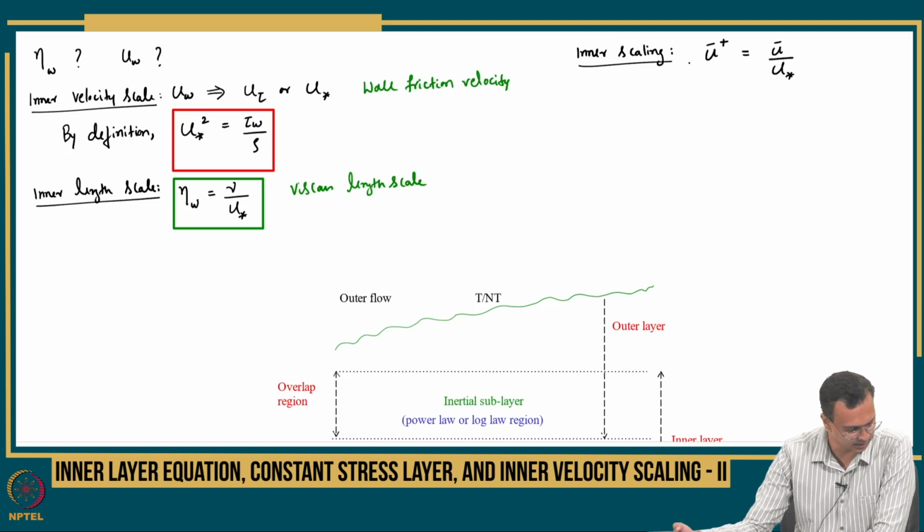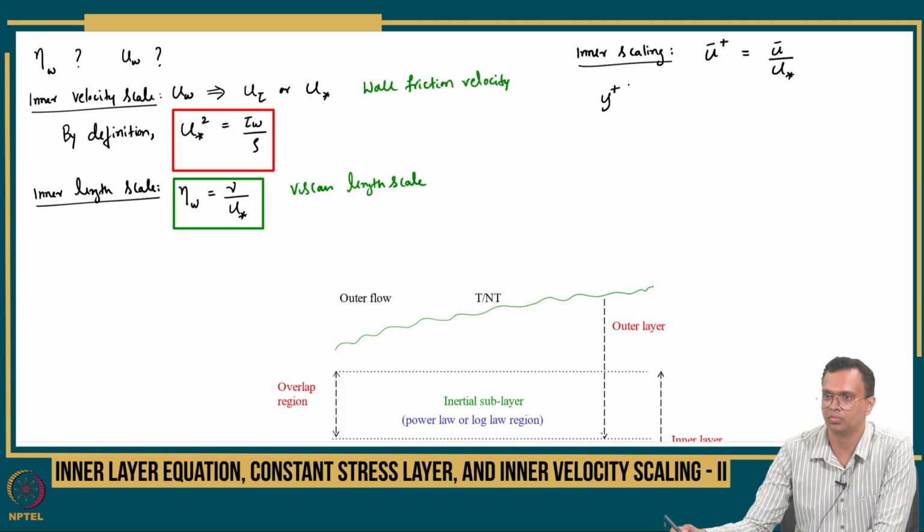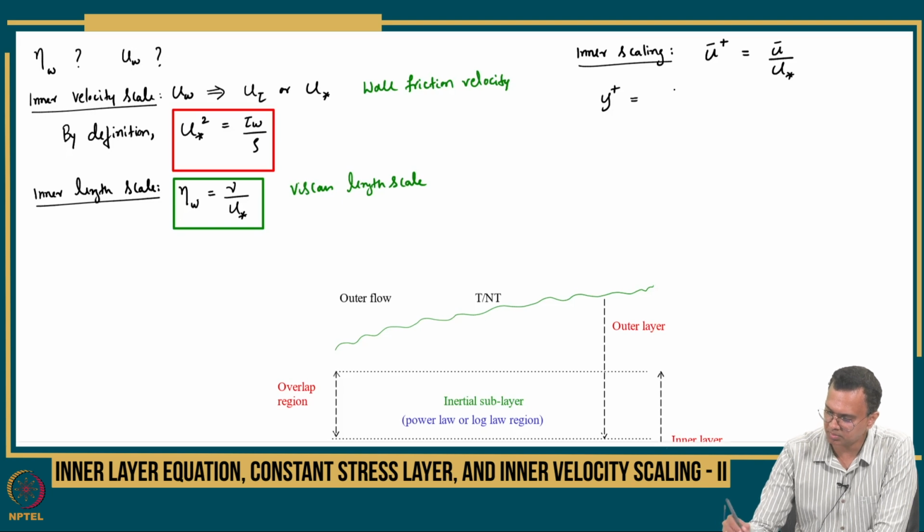Okay, similarly I can also do the inner dimensional coordinate. Since this is done, you would have also seen in some of the graphs what is called y plus. Now y is the coordinate like xyz, and you can represent this in viscous inner coordinates. So this y plus is nothing but your y distance divided by your eta w, non-dimensionalized y.